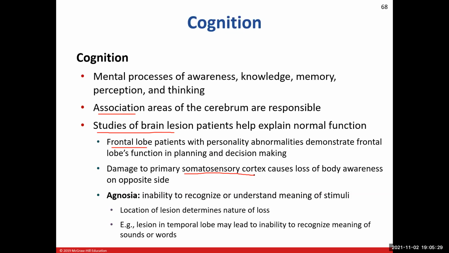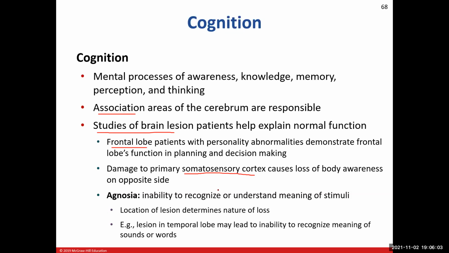So if you've damaged the right primary somatosensory cortex, and I put something very obvious in your left hand, I know I used the ball example, I'm trying to think of something everybody would know the feel of, and I'm drawing a blank. Car keys, for example. I put the car keys in your hand and you're feeling them and you're like, I have no idea what these are. That's another way we're able to help explain the normal function.